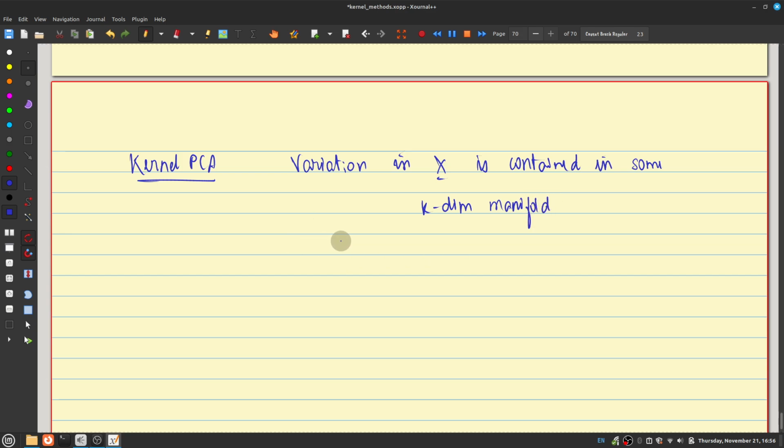Or when you look at phi of X, most of the variation is in some k-dimensional subspace.